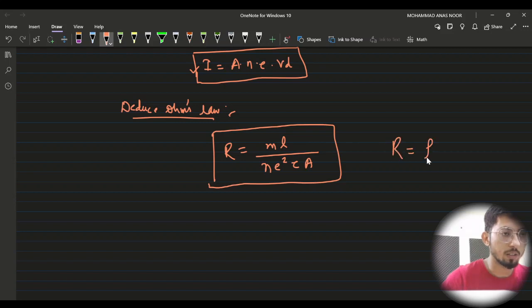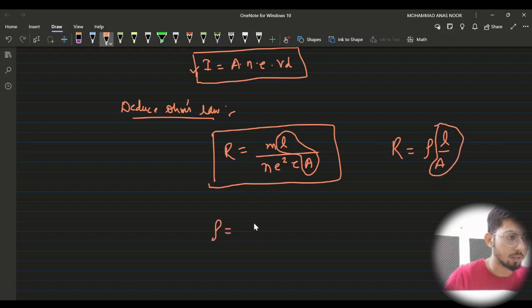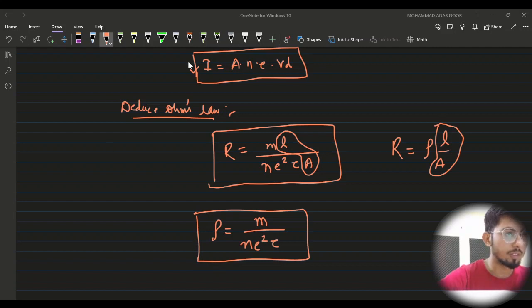The right-hand sides of both should also be equal. You can see there is L by A here and L by A there, so the rest is representing rho. Rho is m upon ne squared tau.